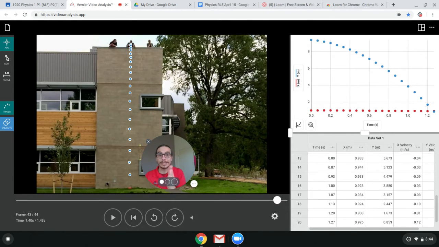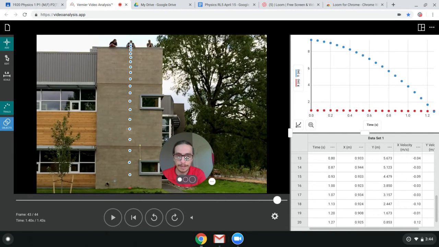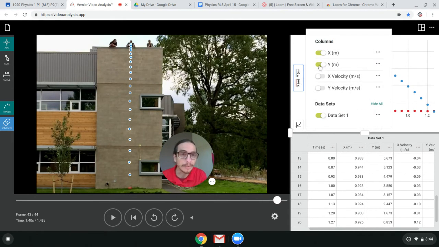Remember, the dots are spaced evenly in time. So this is the same amount of time as it was up there. So it's interesting. And you can see all the motion is vertical. So in this case, I don't want the X, I want the Y. I want to get rid of the X because it's not doing anything. There's no left and right motion.